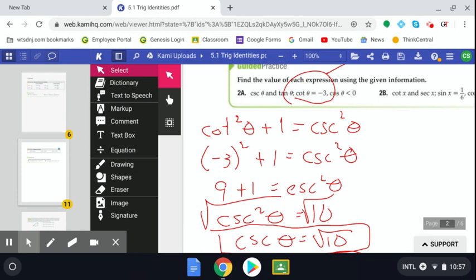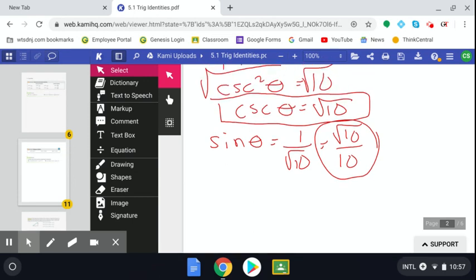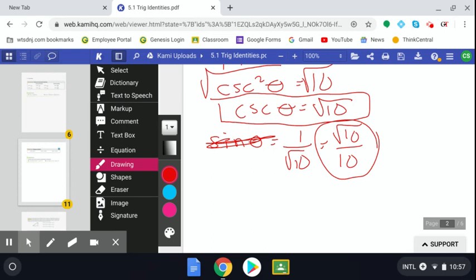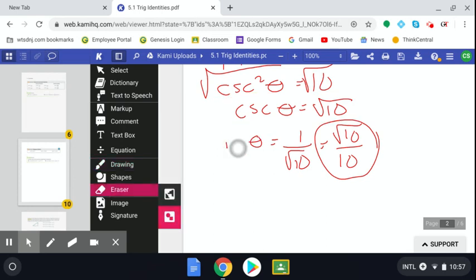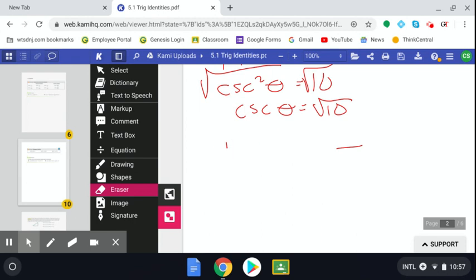Oh, I'm sorry, I already had it, I don't need this. I don't need to change to sine. They did not ask for sine theta. So this is not necessary. And it's correct, but I don't need it. That's not what they are asking.